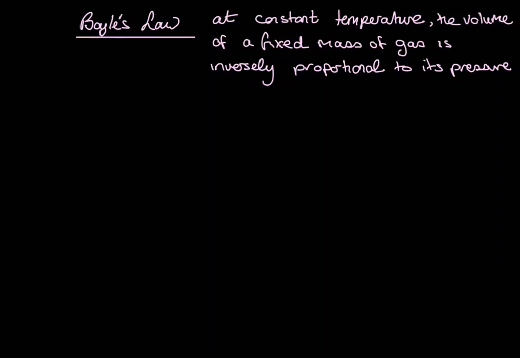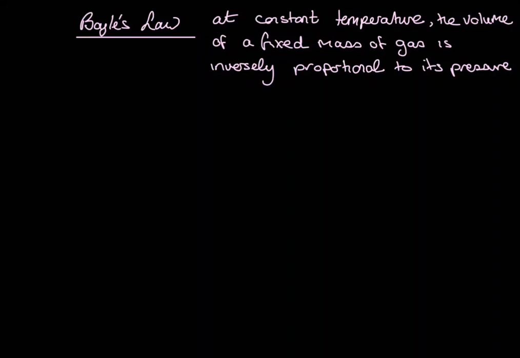Okay, let's look at Boyle's law. So we're going to look at two laws, Boyle's law and Charles' law. These two laws govern the formula that we're going to use to do our calculations. So Boyle's law states that at constant temperature, so we have, let's say, a system that has a certain amount of gas, a fixed mass of gas.